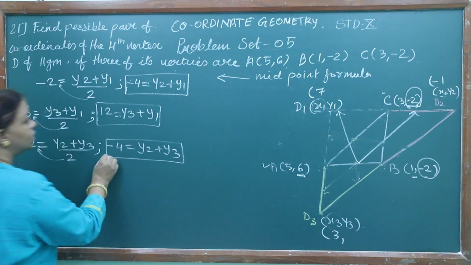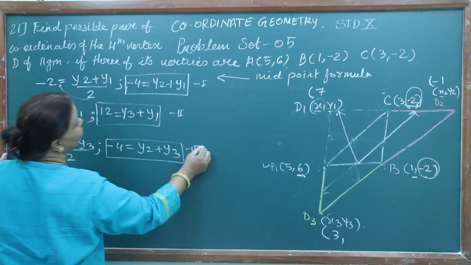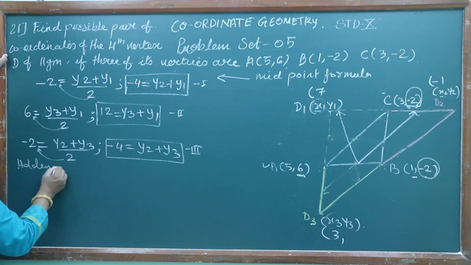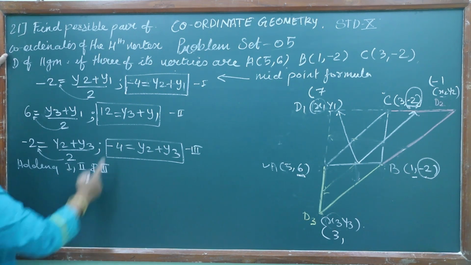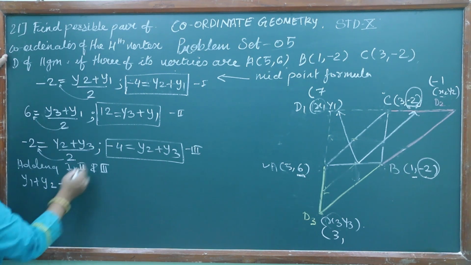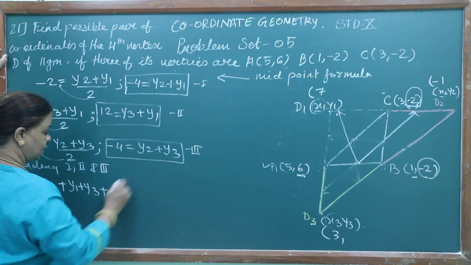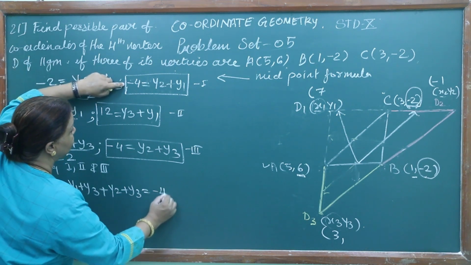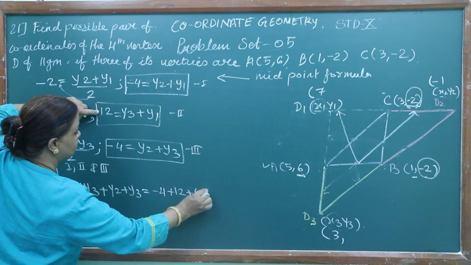Now what I am going to do, children? This is first, this is second, and this is third. I am going to add first, second and third. So by adding 1, 2 and 3, what do I get? See, y1 plus y2 plus y1 plus y3 plus y2 plus y3 is equal to minus 4 plus 12 and plus minus 4.